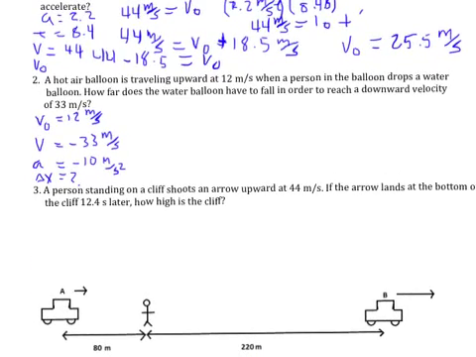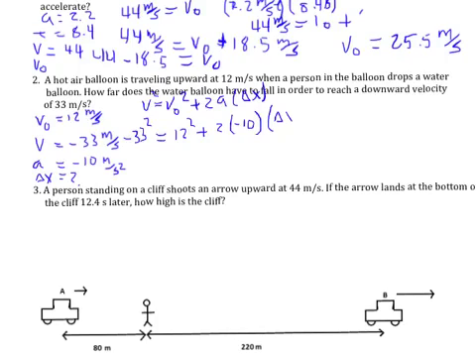Alright, so we're going to use v squared equals v naught squared plus 2 times the acceleration times the change in position. So what we've got here is our final velocity, negative 33, which we're going to square, equals 12, which we're going to square, plus 2 times negative 10 times delta x.